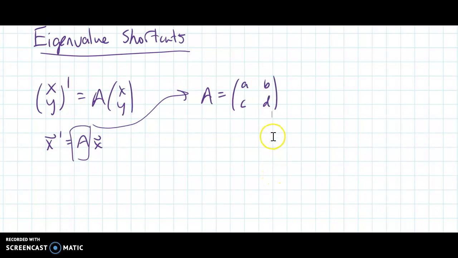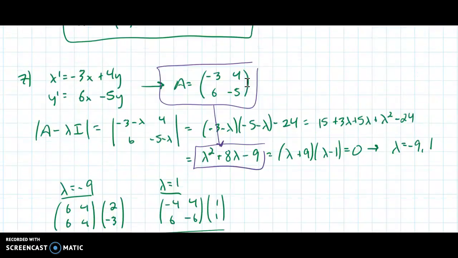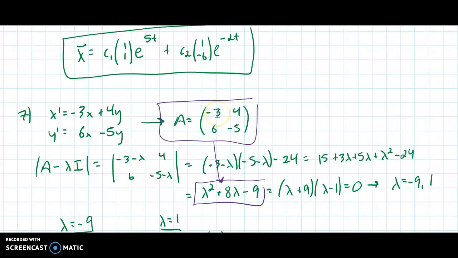I'm going to go up above and show you what the trick is. Watch. See the -3 and the -5, the numbers on the diagonal? If I add those two numbers and negate them, I get my positive 8.